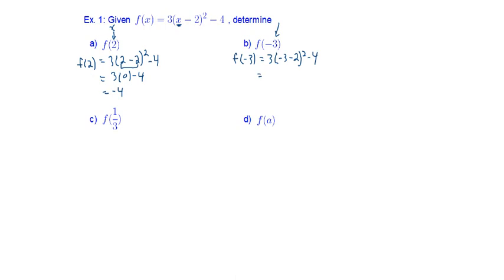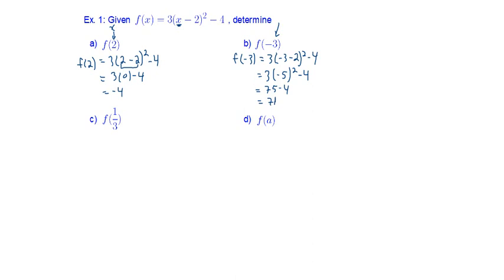And again, we'll start in the brackets. Negative 3 take away 2 will be negative 5 squared minus 4. And then here, negative 5 squared will be 25. 25 times 3 is 75. Subtract 4 will be 71.